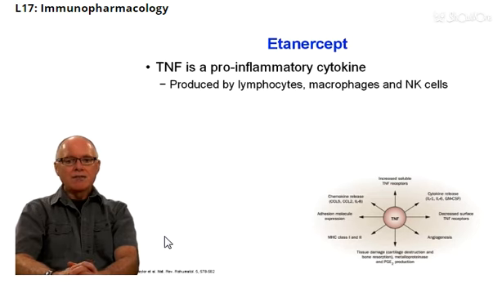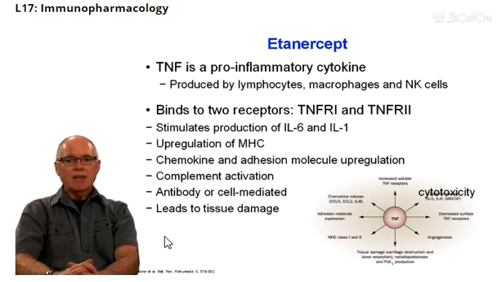As mentioned above, TNF is a pro-inflammatory cytokine produced by a variety of cells such as lymphocytes, macrophages, and NK cells. TNF can bind to two receptors, TNF receptor 1 and TNF receptor 2.